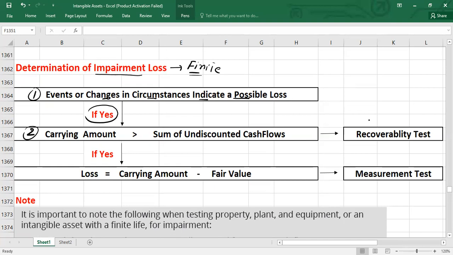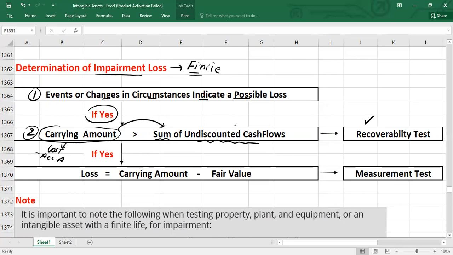This is called the recoverability test. Recoverability test means you have to compare the carrying value of the asset, which is cost minus accumulated amortization, since I am assuming the asset has a finite life, with the sum of undiscounted future cash flows.